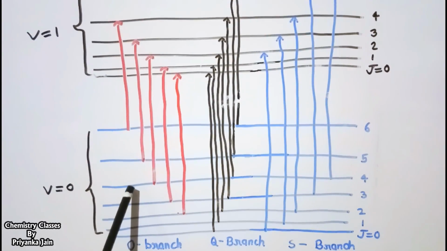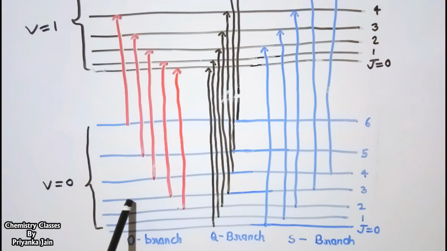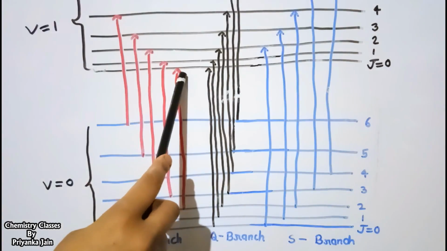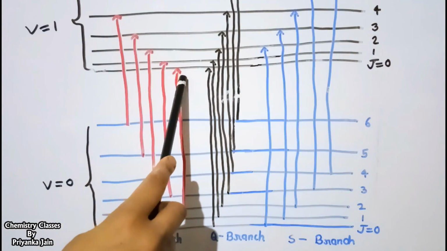Another branch is the O branch, that is observed when the ΔJ value is equal to -2. It means here the rotational level is higher. The rotational quantum number is here higher by 2, and here it is lower. It means a molecule is exciting from the higher rotational level of the ground vibrational state to the lower rotational level of the higher vibrational state.